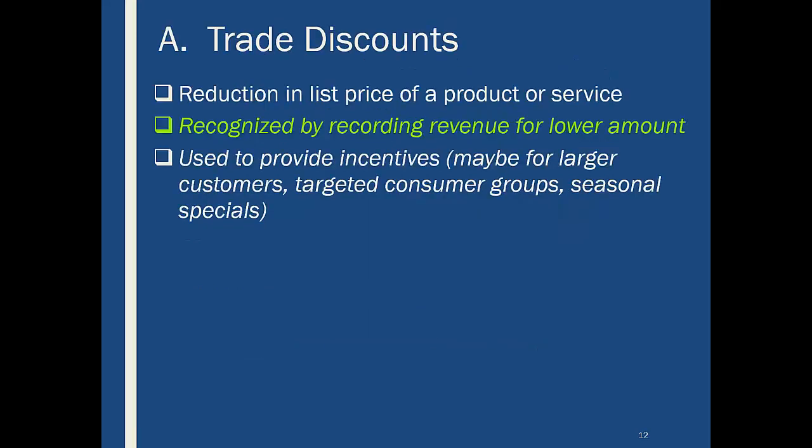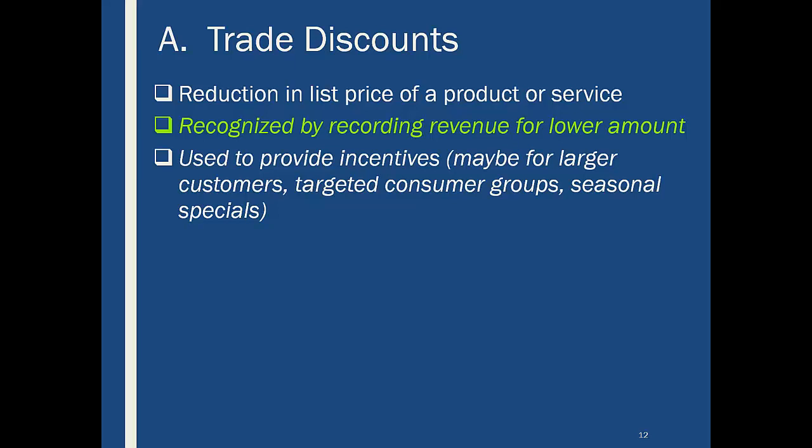Okay? So a trade discount is a reduction in the actual price that is quoted for a product or service. A company uses a trade discount as a way to motivate people to make more purchases, obviously. So it can be a way of putting things on sale or changing the price without actually changing the list price. And when a trade discount is offered and taken advantage of, then recording the transaction doesn't recognize the trade discount directly.